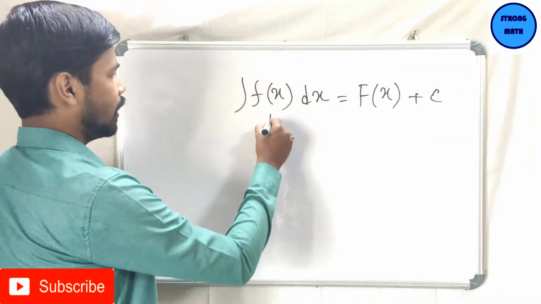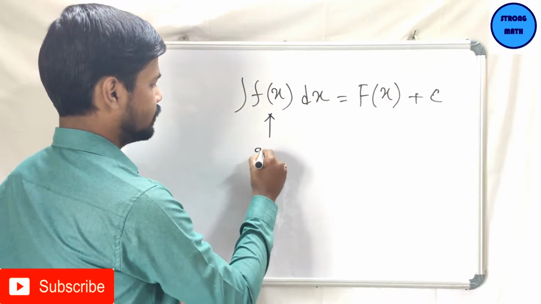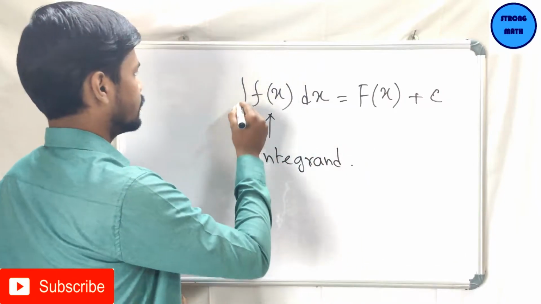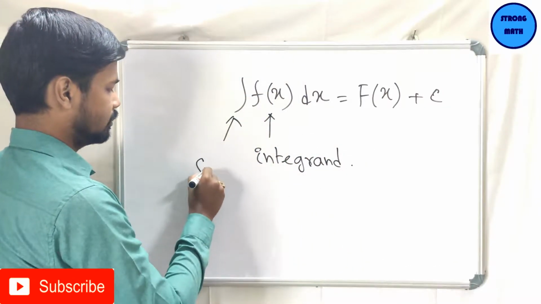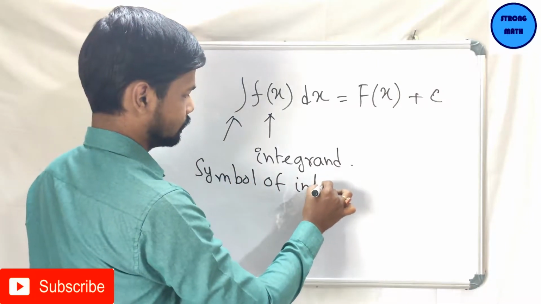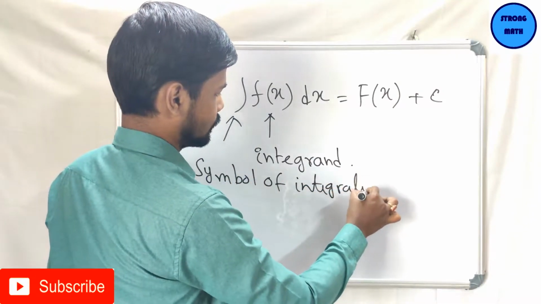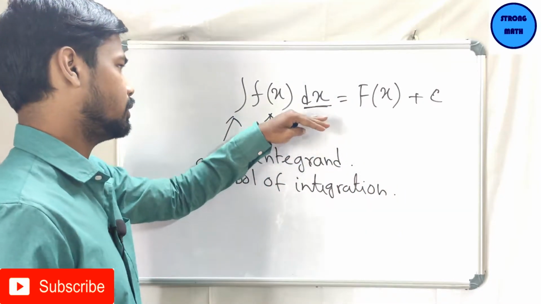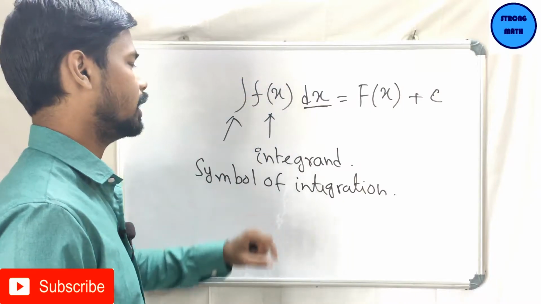Here the function f(x) is known as the integrand. This is the symbol of integration. This is the variable of integration. With respect to this variable we do the integration.